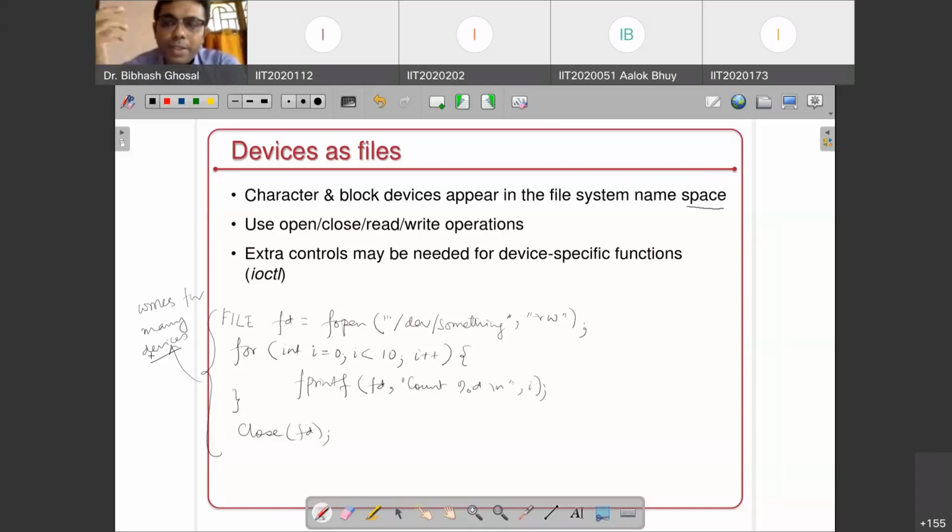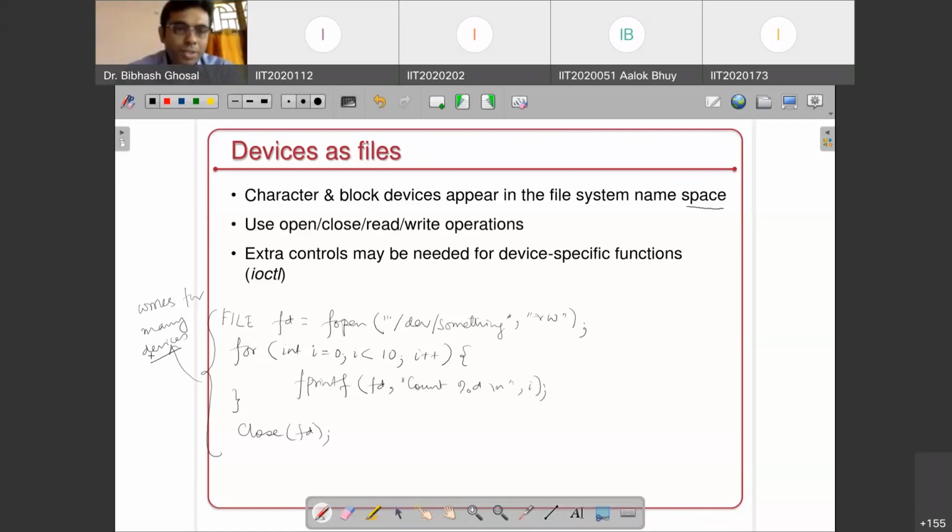We are using an interface that is common across all devices. This is the goal of an operating system, to provide a standard interface so that you don't restrict yourself to the details of any particular device. Now, how this happens is what we have been discussing in the last class.